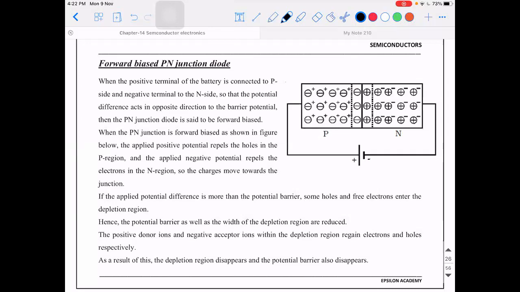When there is a barrier created, a wall-like structure built within the material itself, will that material have good conducting property or bad conducting property? Guys, think and tell me. So this is the wall.